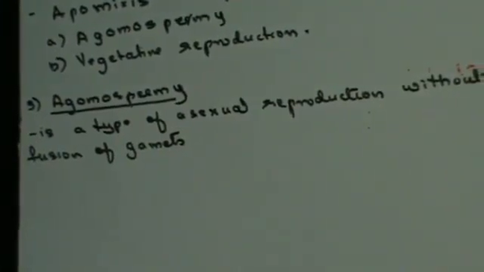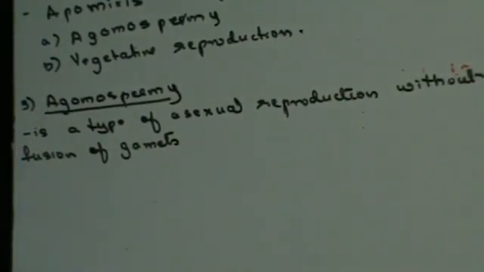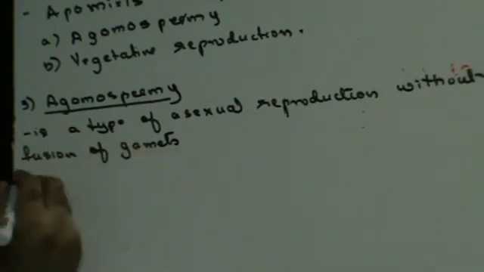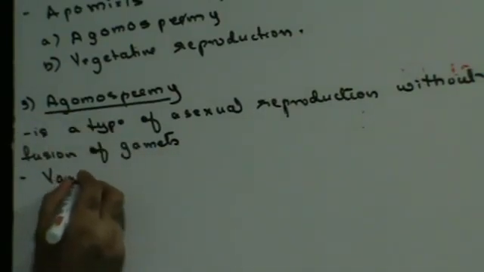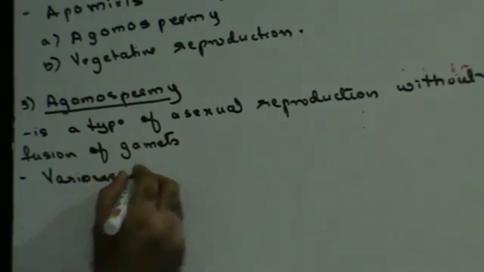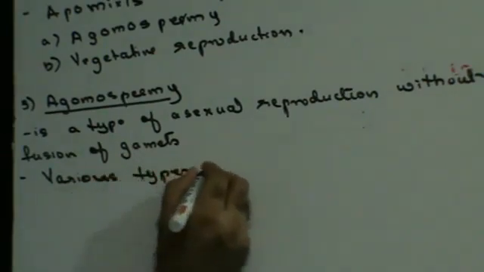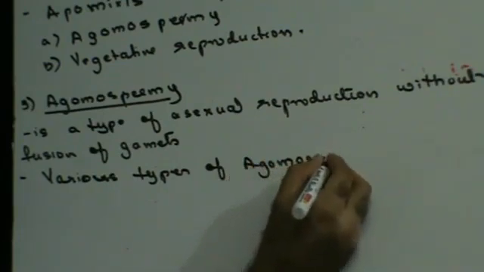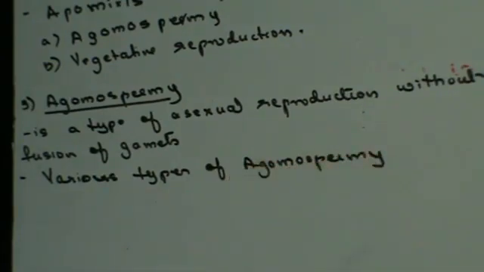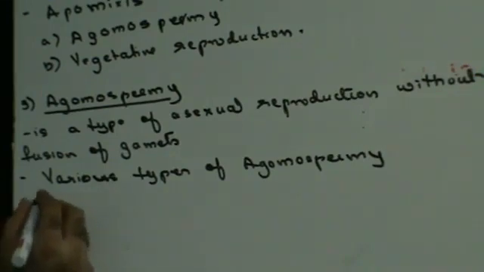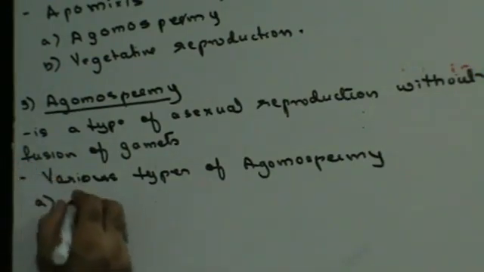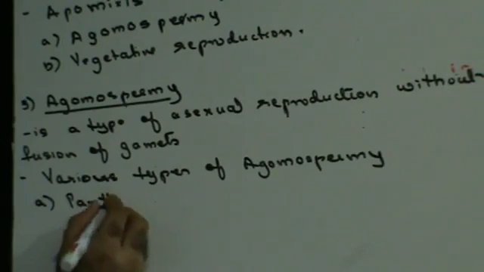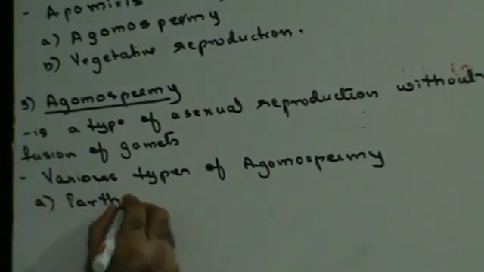Fine. Now, the various types of angiospermy are: first is parthenogenesis.